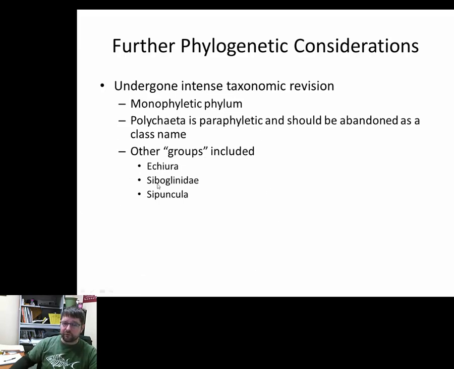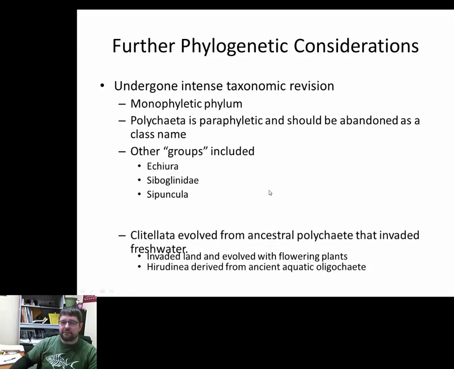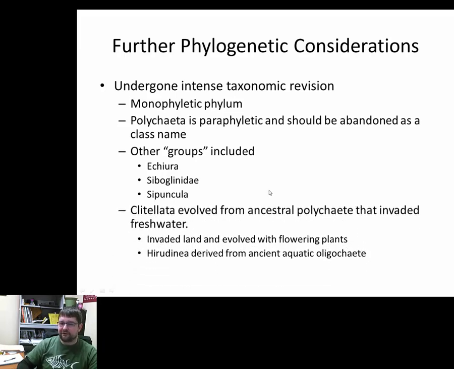And so there are some other groups that sit out there that we need to include in the consideration of annelids, and that's Echiura, Siboglinidae, Spiculum. Clitellates evolved, like I said before, from an ancestor polychaete that invaded fresh water, so moved from the marine environment into the freshwater environment.